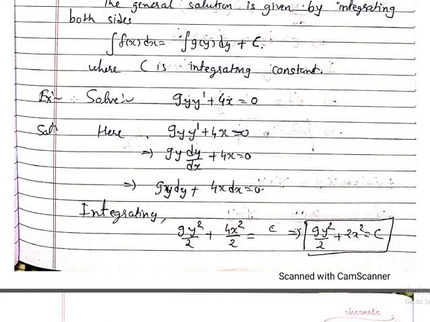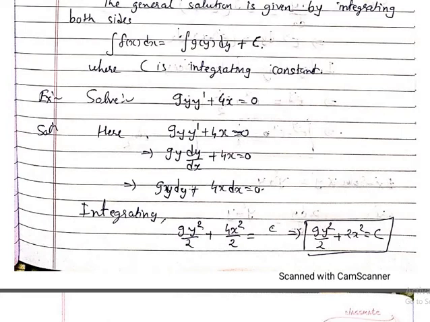Now we are starting with an example. Suppose you have been given: solve 9y into y dash is equal to 4x. That is, 9y into y dash plus 4x is equal to 0. Here y dash is equal to dy by dx. What I am going to do is multiply with dx.